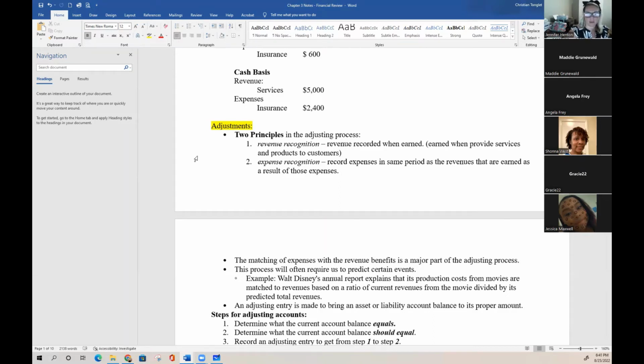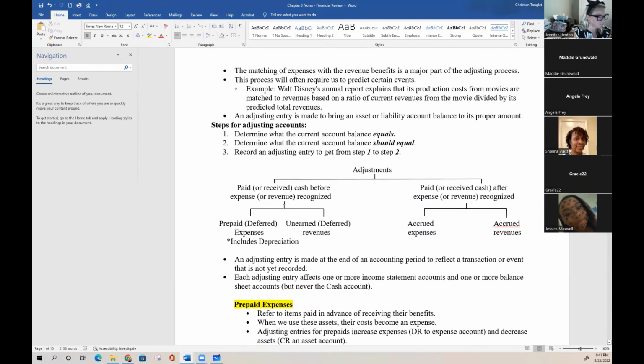So think about an adjustment as being something that is not involving cash. So a lot of times in principles class, people get confused and they want to throw cash in there, but you're not actually paying for anything at that time, or you're not actually receiving any money at that time. You're just doing an adjustment to the books and recognizing revenue, or you're recognizing an expense. So that's what an adjustment is.